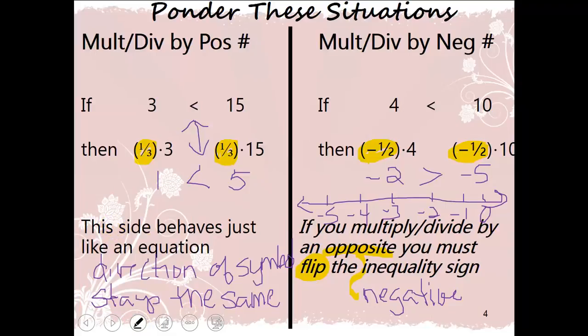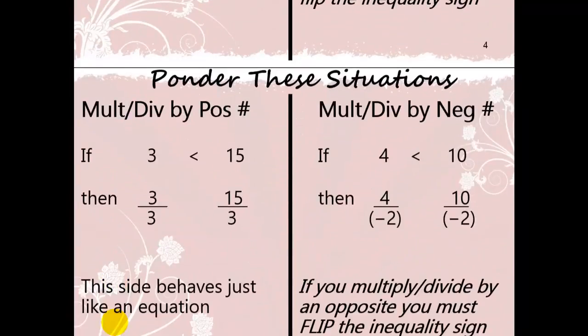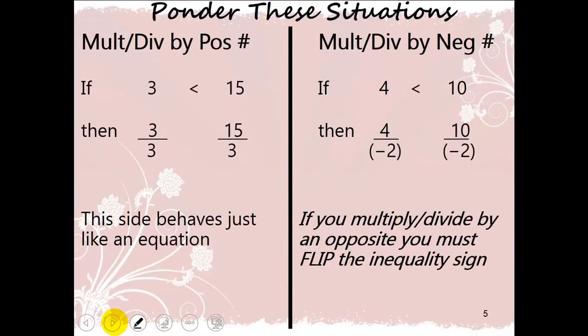Now what about if we divide by a number? Well, what do you think is going to happen? If we divide by 3, I'm going to get 1 and 5. 1 is still less than 5. Remember that multiplication by a third is the same as division by 3. So my inequality symbol stays the same.